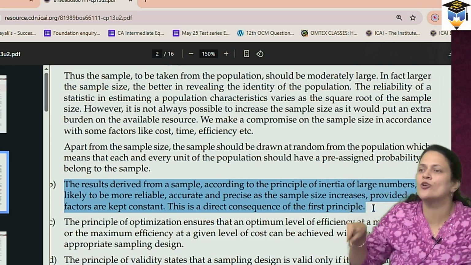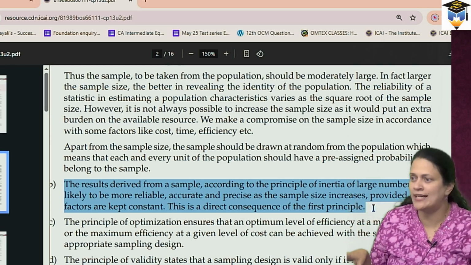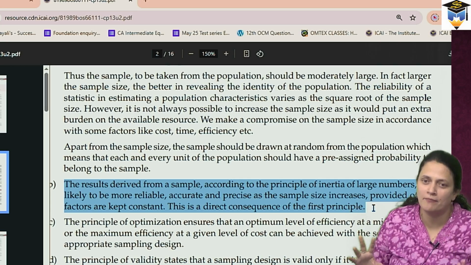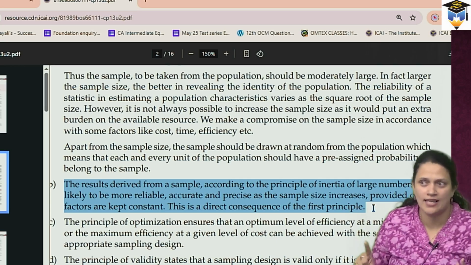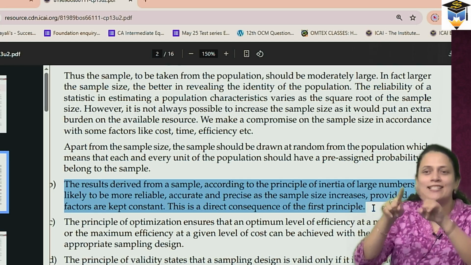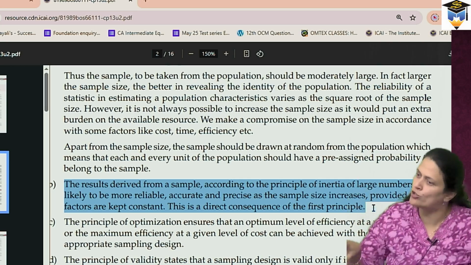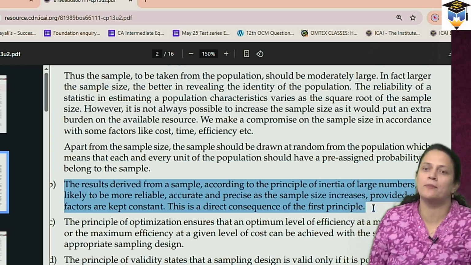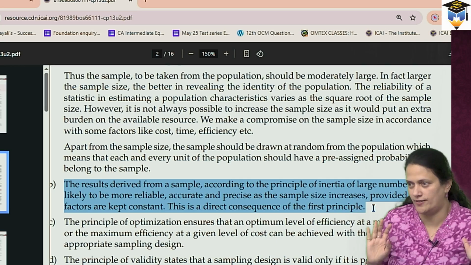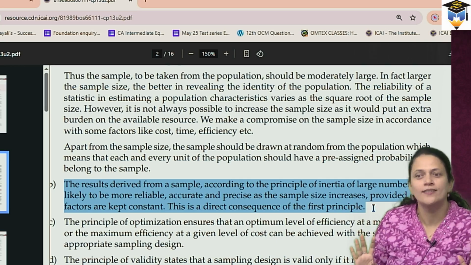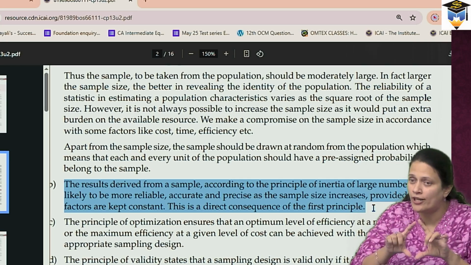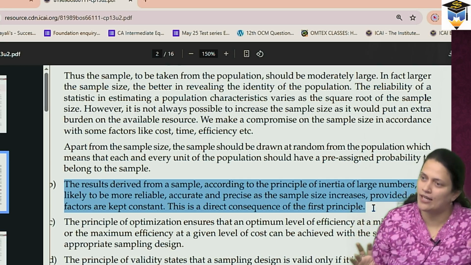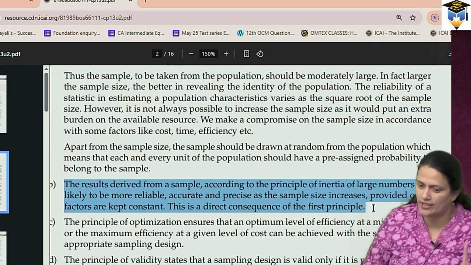Only the area is going to become large in that sample, correct? Number of males and females will change or remain the same? They will increase according to the area, correct? According to the ratio, they are going to increase. But all other factors being constant means males and females will be present. That factor is going to remain constant. Understood? So according to the size, the ratio will increase, definitely, but the factors will remain the same. That is, male and female will remain the same. Okay, these are the factors.